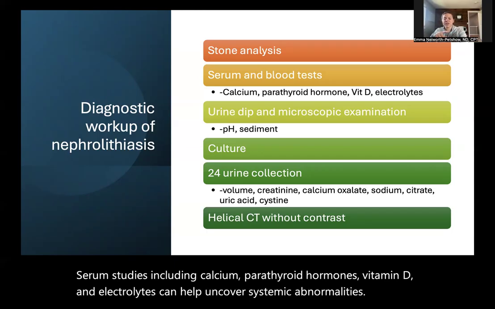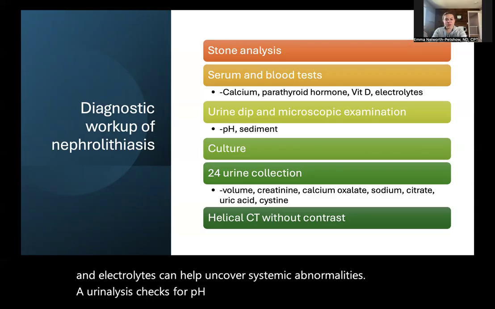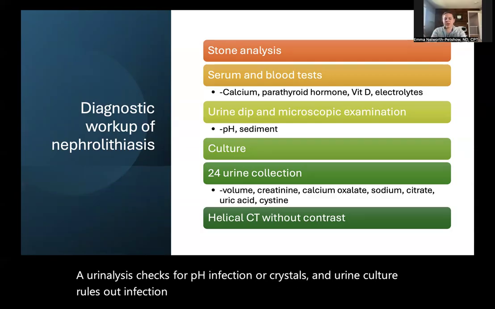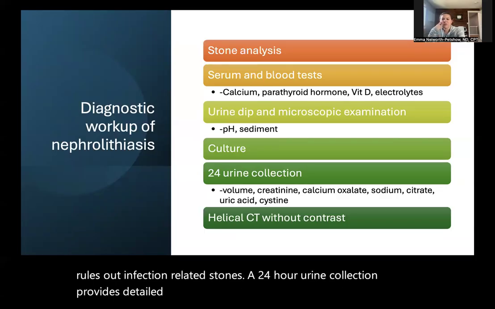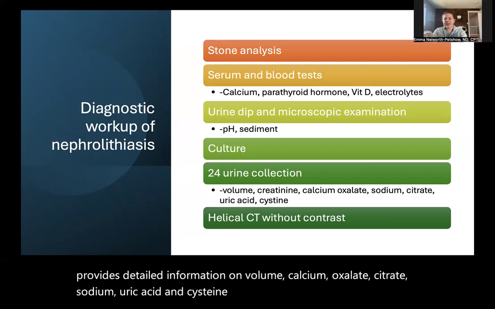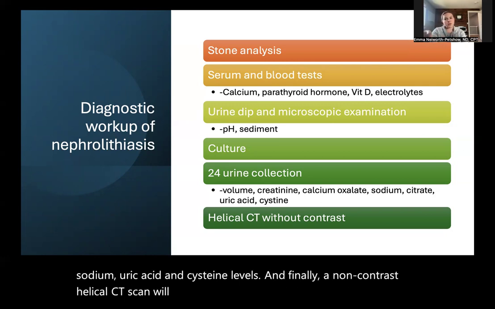A urinalysis checks for pH, infection, or crystals, and urine culture rules out infection-related stones. A 24-hour urine collection provides detailed information on volume, calcium, oxalate, citrate, sodium, uric acid, and cysteine levels. And finally, a non-contrast helical CT scan remains the imaging gold standard for detecting stones and obstruction.